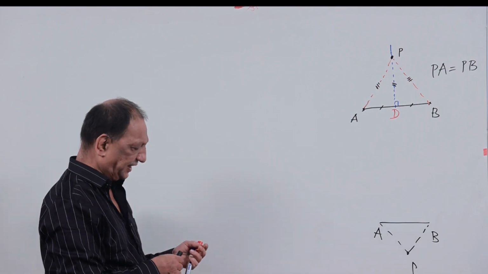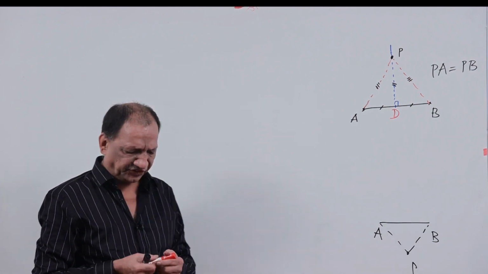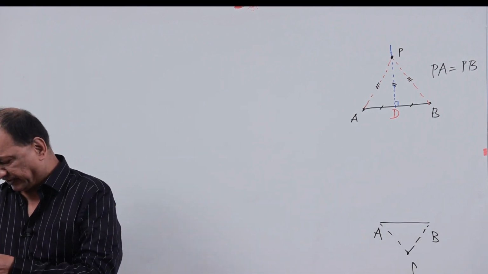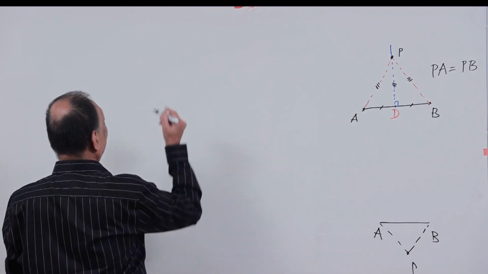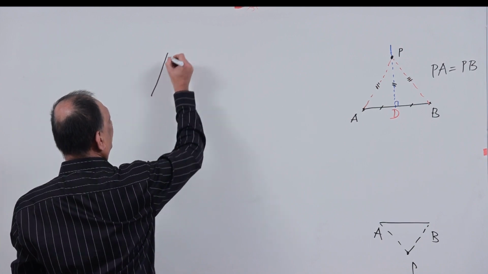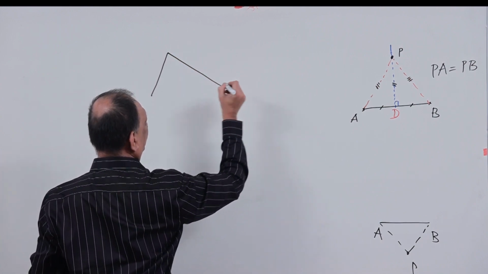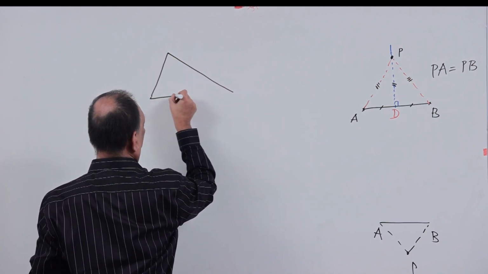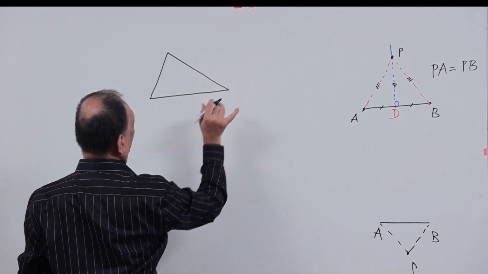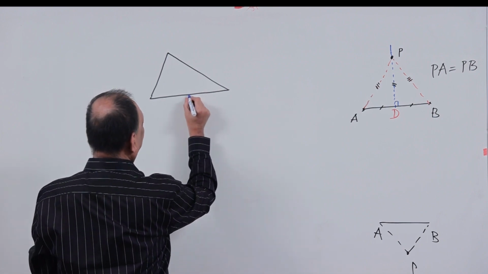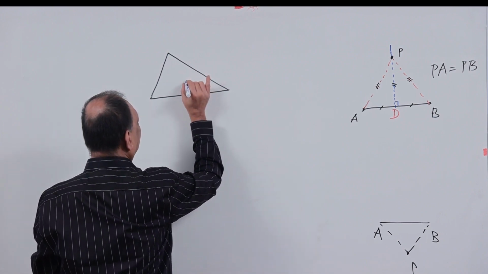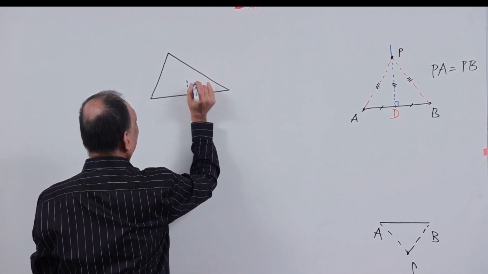Now, if you take a triangle, how many orthogonal bisectors we can have? We can have 3 orthogonal bisectors because we have 3 sides of the triangle, correct? Got a triangle ABC and we can draw the 3 orthogonal bisectors.